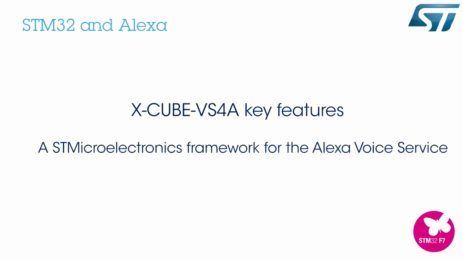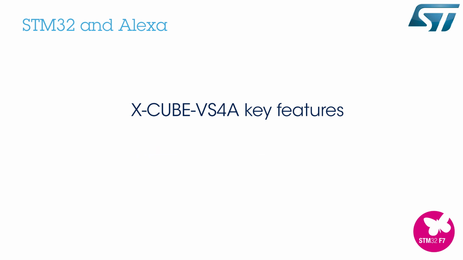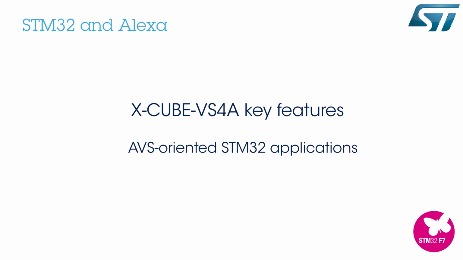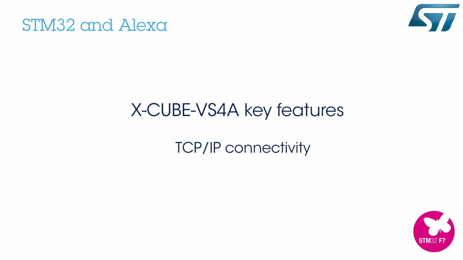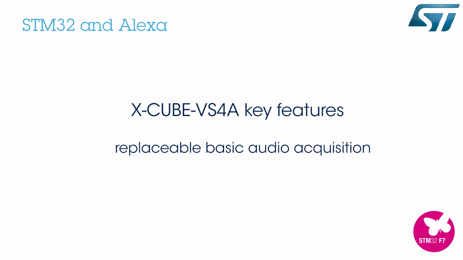X-CUBE AVS key features are an STMicroelectronics framework for the Alexa voice service, AVS-oriented STM32 applications, a ready-to-run smart speaker firmware example, TCP/IP connectivity, replaceable basic audio acquisition, the AVS-protocol encapsulation, and an example of a limited audio player.